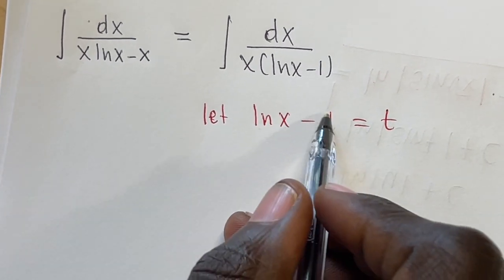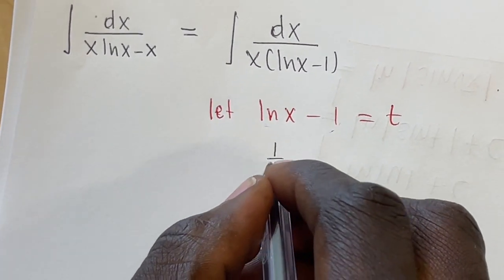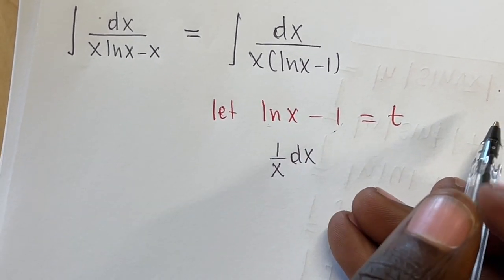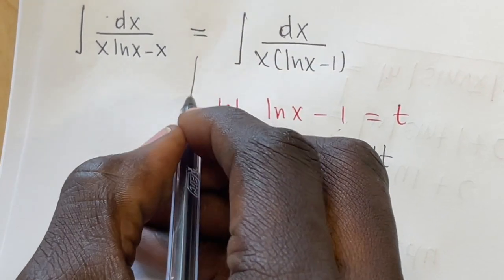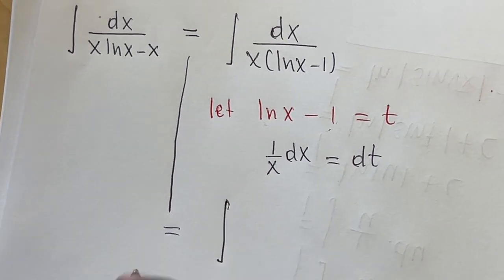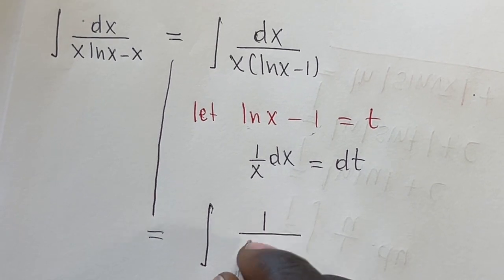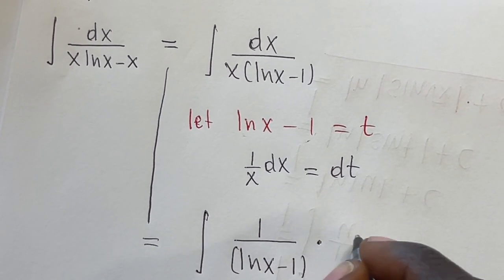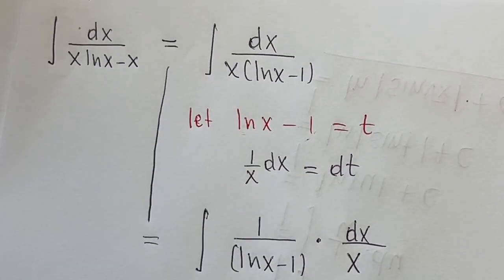The derivative this side is with respect to x. What is the derivative of ln? It is 1 over x dx. Because the derivative of 1 is a constant, it's going to be 0. And then we have dt. So therefore, this integration can be written right now. Integral, check guys. I can write this: 1 over ln of x minus 1 times dx over x is the same notation as that one.